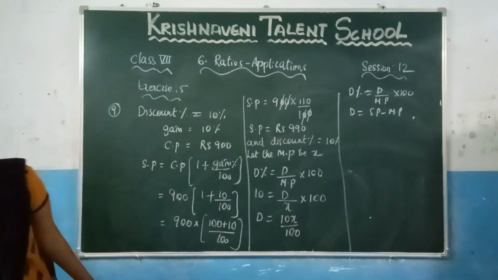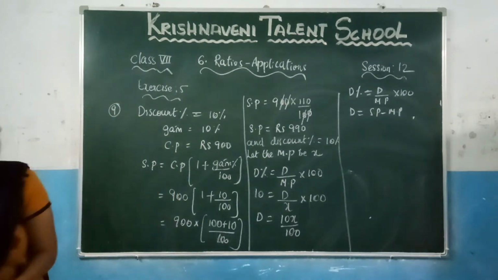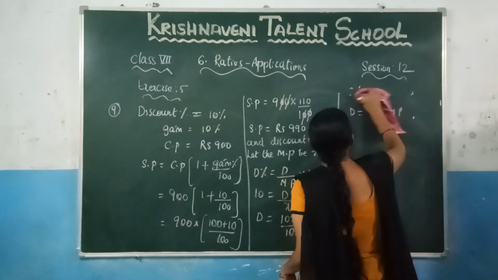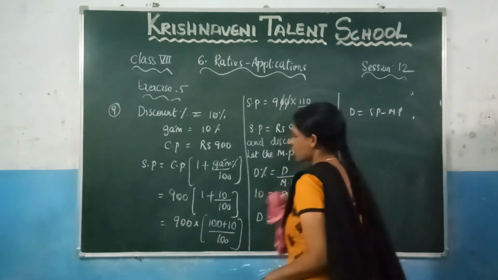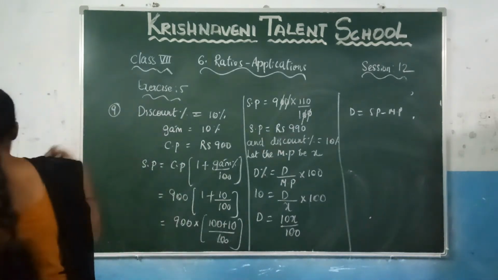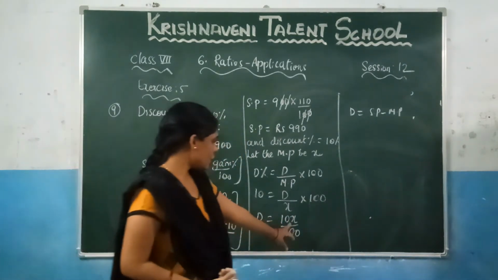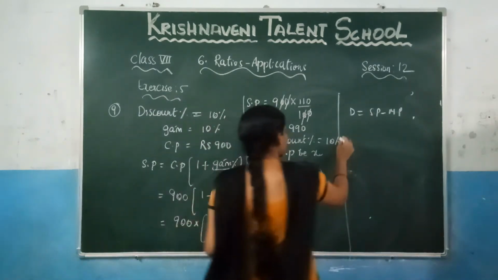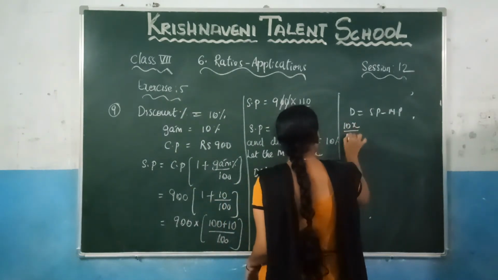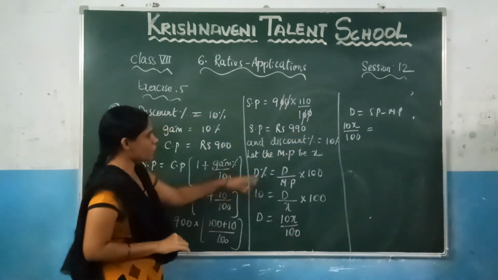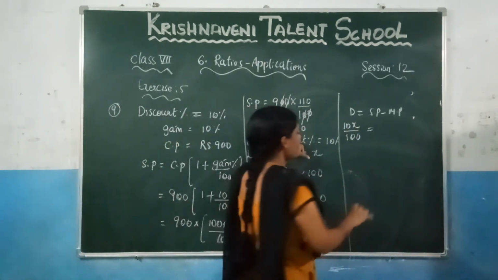Now apply the formula. What is the formula we have known here? Discount is equal to selling price minus market price. So what is the discount we get? We got 10x by 100. So write here 10x by 100 is equal to the selling price we have just calculated, which is 990.